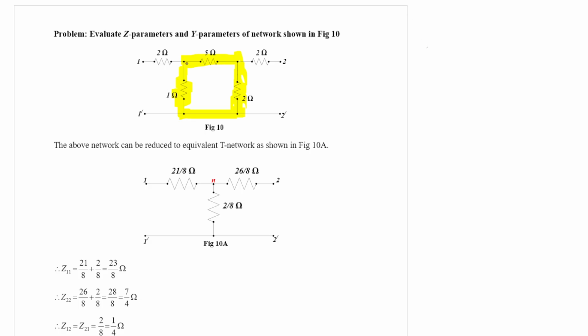Let me name the nodes: this is node X, this is node Y, and this is node Z. So if we make this equivalent conversion, this node is 1, so let us have 2 ohm, and this node is X. Now we need to convert this to an equivalent T form or Y.